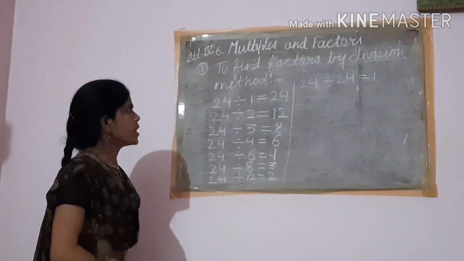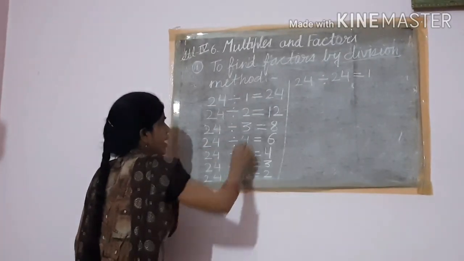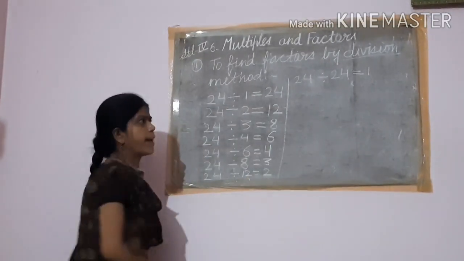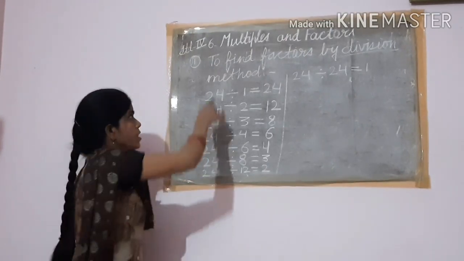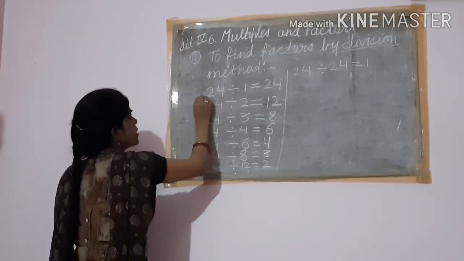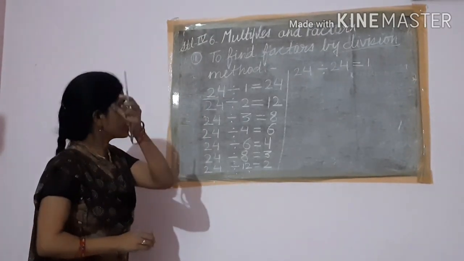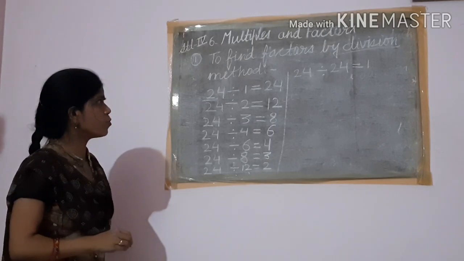So here children, one thing: all these divisors and the quotients are the factors of the number 24, because we have taken the number 24 to find the factors. So what are the factors you got?